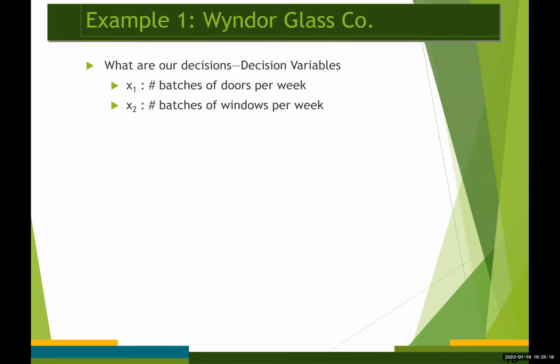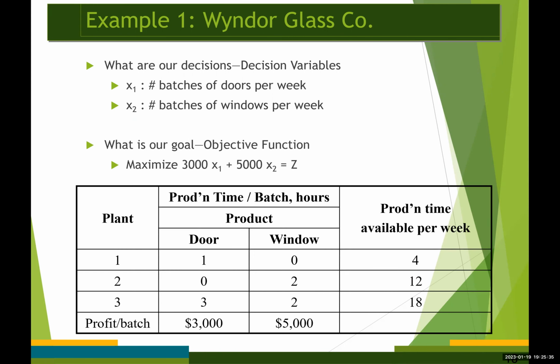Once we define the decision variables, the very next step is to determine our objective function using the decision variables that we just defined. So for this problem, what is our goal? We want to maximize the total profit.